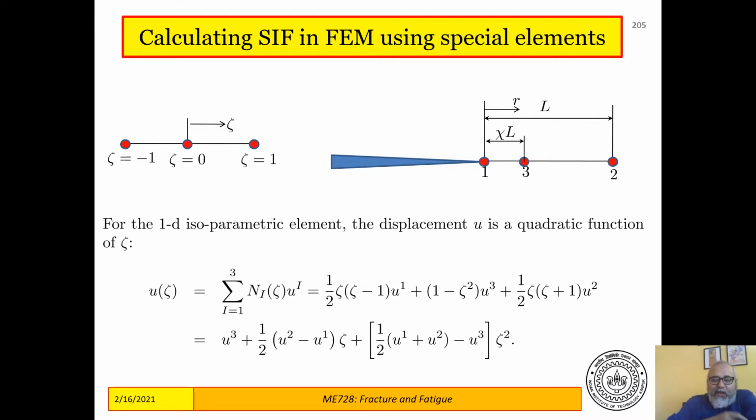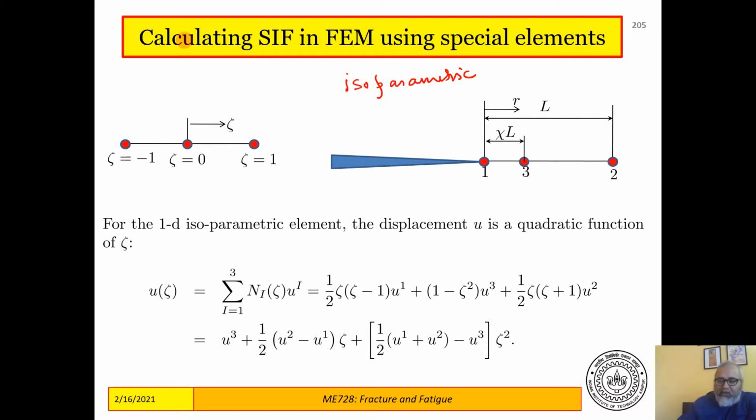Okay, so we are going to see how you can calculate the stress intensity factor in a finite element mesh, linear elastic finite element. And especially I'm going to concentrate on the isoparametric element formulation, which you might have learned in your finite element course.